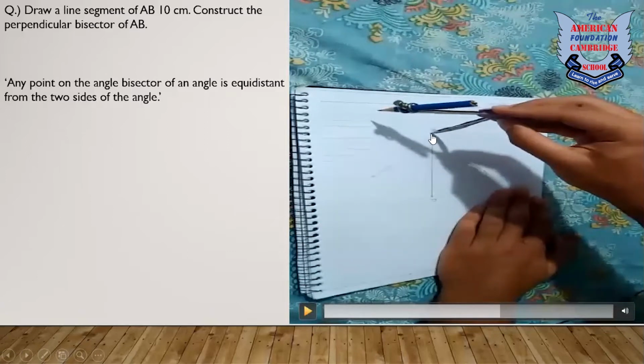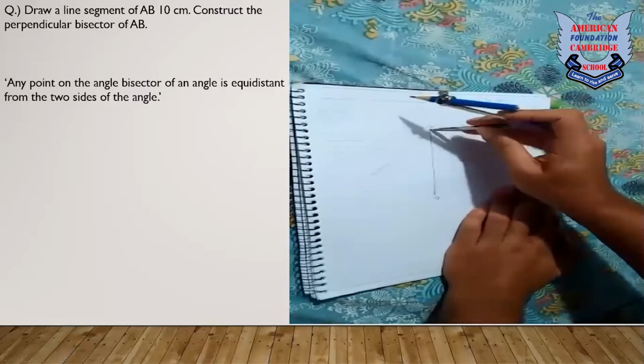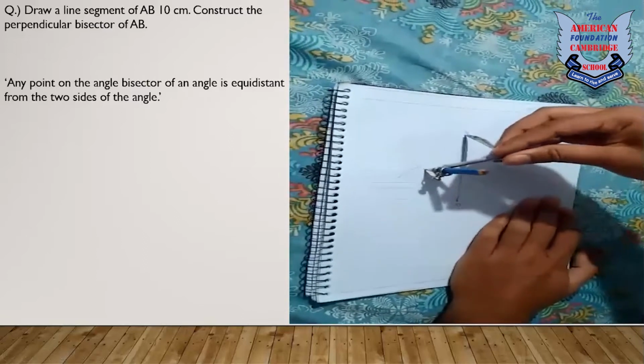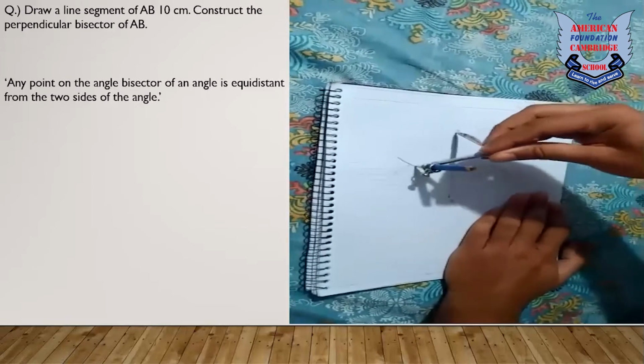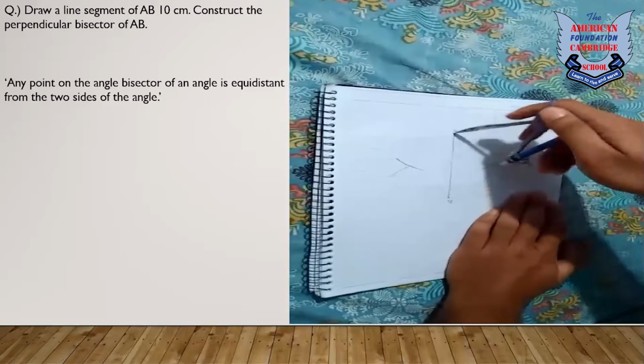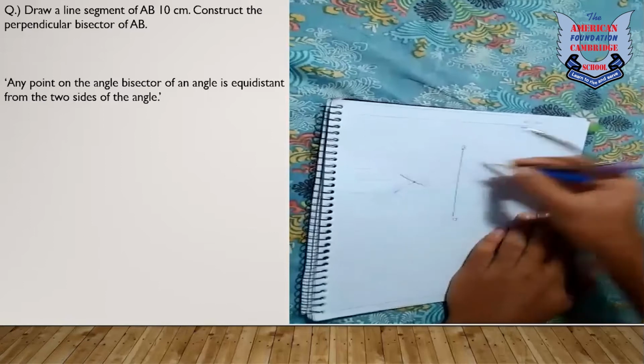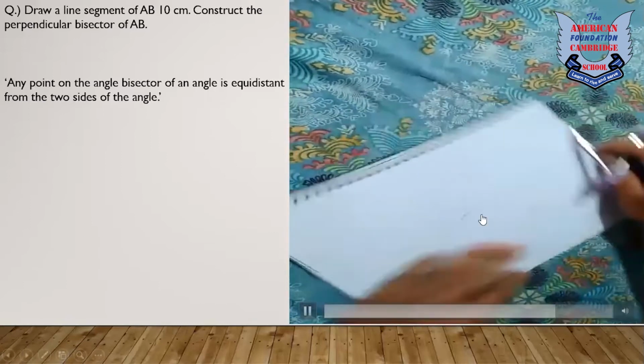I'll put the pointy side on the point B and make an arc on the left and right hand side. You can clearly see that it has intersected the arc I made from point A.